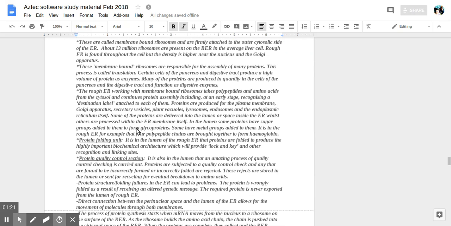Once the proteins are created on the ribosome, some proteins are delivered into the lumen, or the space inside the ER, while others get sugar groups added to the proteins, forming glycoproteins.